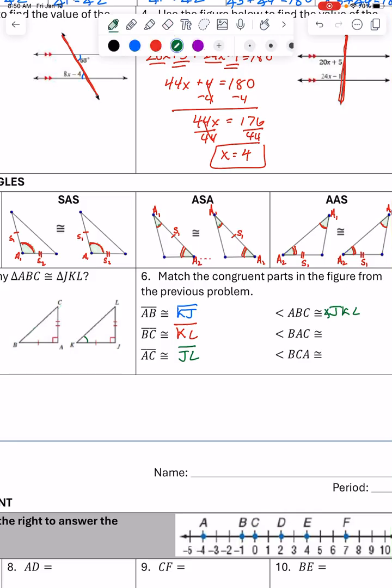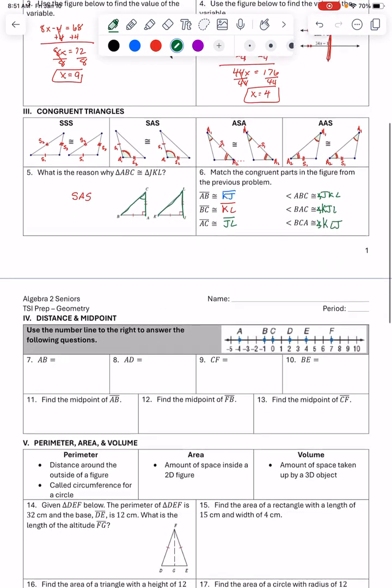This one, BAC, would be KJL. And then the last one, let's see, BCA. So BCA would be that guy, would match up with KLJ. Okay, so that's how we can match up those things there.